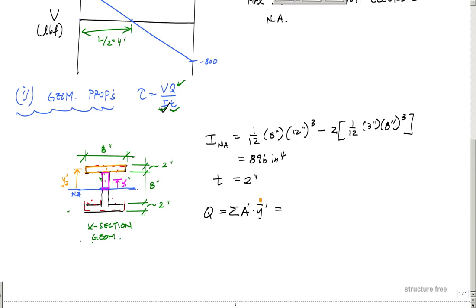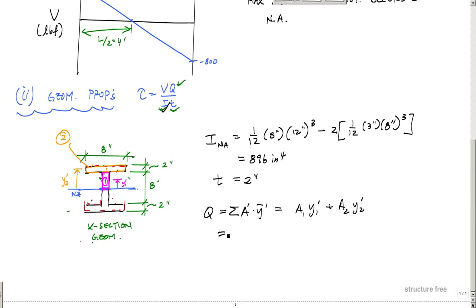Really, you just have to fill in. I have 2 areas, so I'm going to have 2 things to sum up. For this first area, I'll call this one 1, and this one will be area 2. So here I would have A1 Y1 prime plus A2 Y2 prime, where Y prime is the distance to the center of that area from the neutral axis.